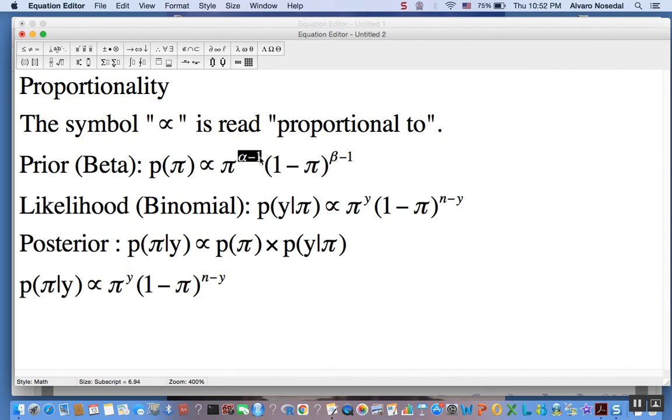So what we end up with is pi to the alpha plus y minus 1, and then we have 1 minus pi to the n plus beta minus y minus 1.